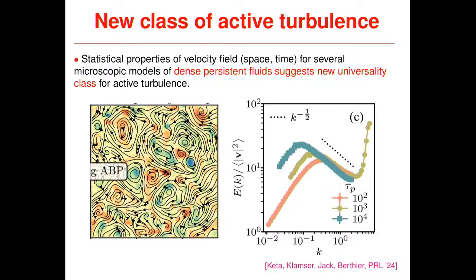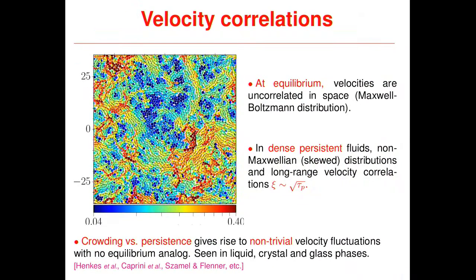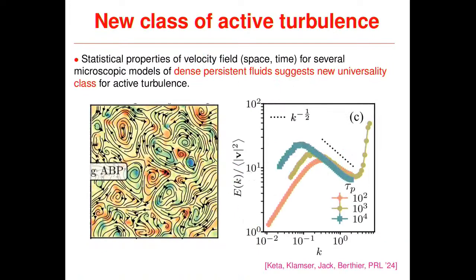Here, the power law is cut off at a correlation length that we can control, but yet the power law that we see is nowhere in the review by Giovanni and Allard, and it makes sense to me because, as I told you, this is how the correlations emerge. They come from this competition between crowding and persistence, and crowding was never discussed in these previous studies of active turbulence. Okay, so this is the power law that we find, minus 1/2.